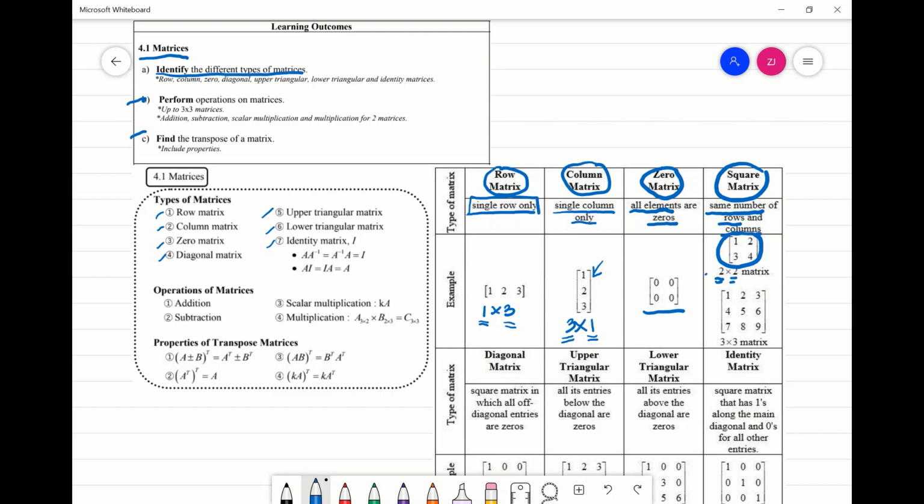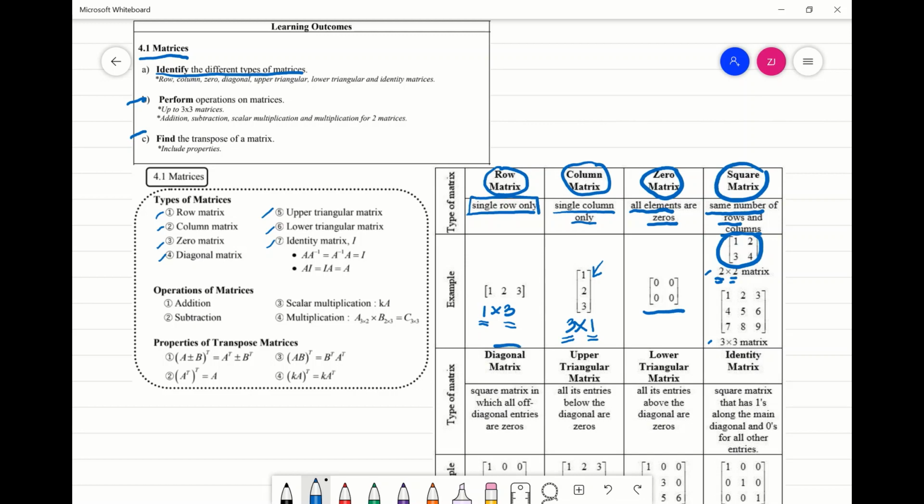These two are types of square matrices. If you have 4 by 4, we can also call it a square matrix. But if you have a matrix which is 2 by 3 or 3 by 2, it is not a square matrix because the number of columns is not equal to the number of rows.